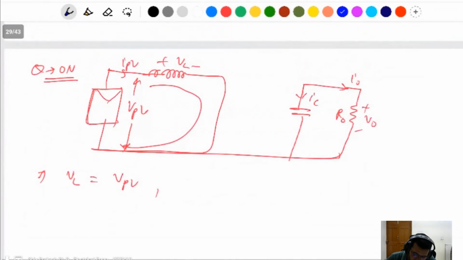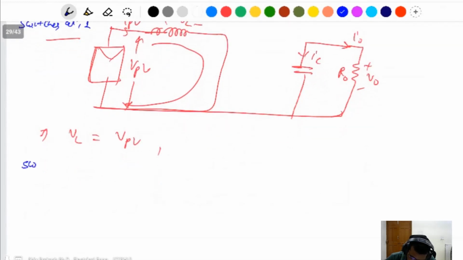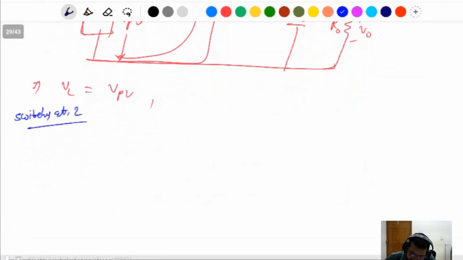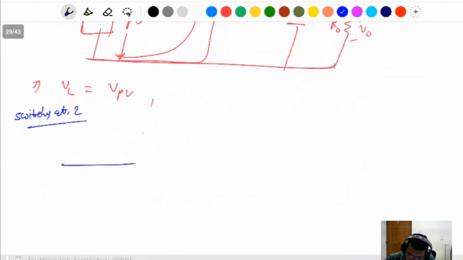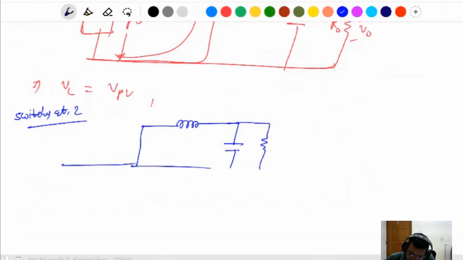This is not Q1; the switch at position 1, the switch at position 2. The whole thing connects like that, and I exclude the other part.